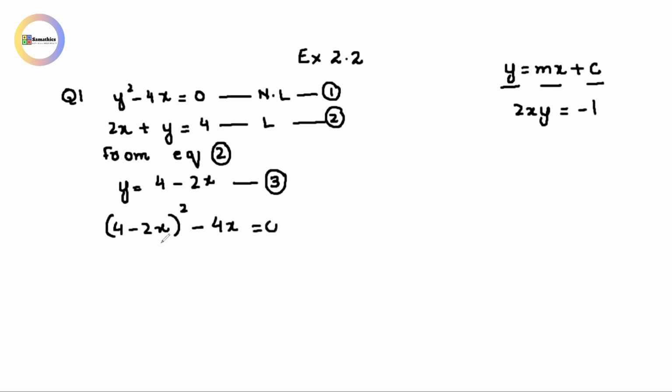Now whenever we have a bracket and there is square on it, then you must remember that this is to be solved using identity. A minus b whole square is equal to a square minus 2ab plus b square. So do not write identity in between the working.